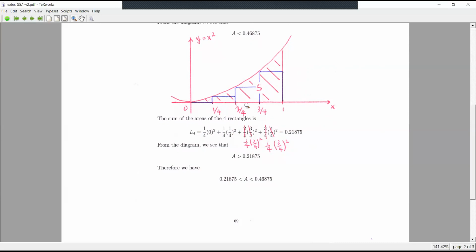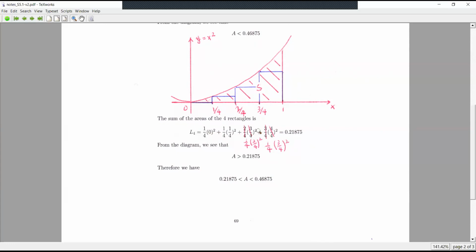Similarly, over the third subinterval, use function value at left endpoint as height to build a rectangle. Area is this number. For the fourth subinterval, use function value at left endpoint to build a rectangle. Area is this number. Now make a sum of these 4 areas, then we get this number.